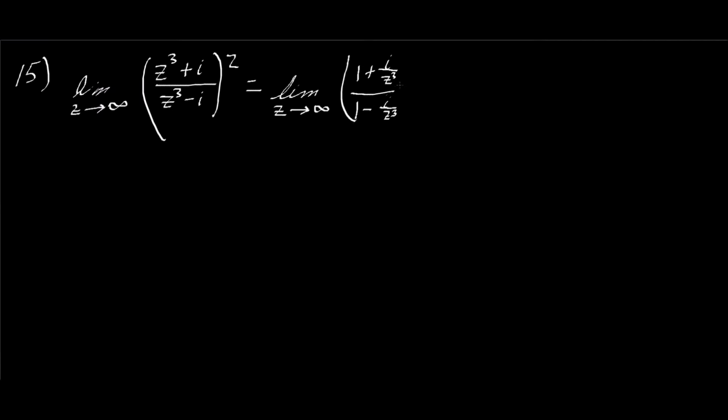And now notice i over z cubed when z goes to infinity is going to 0. So we're just left with 1 over 1 squared, which is 1. And that's it.